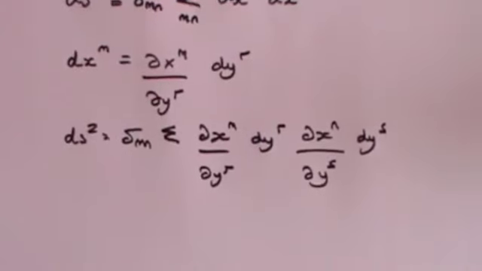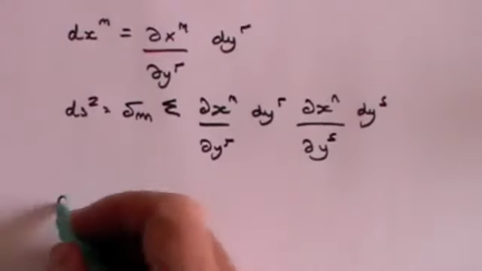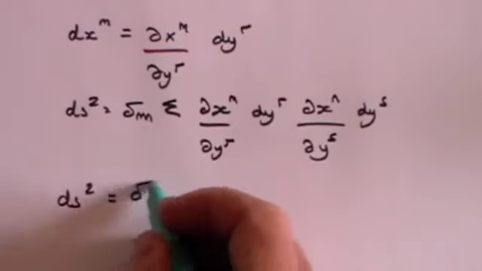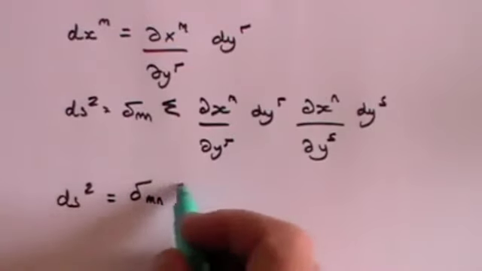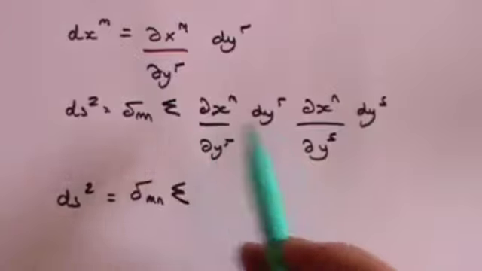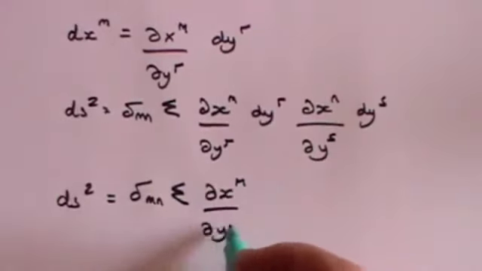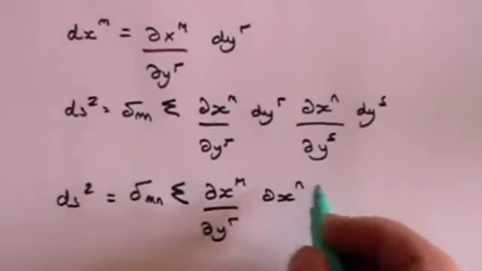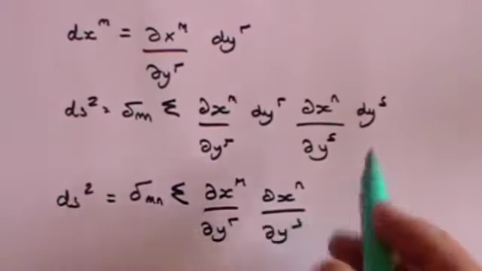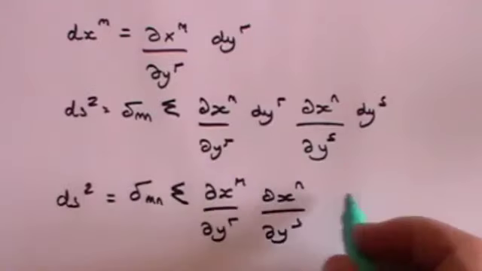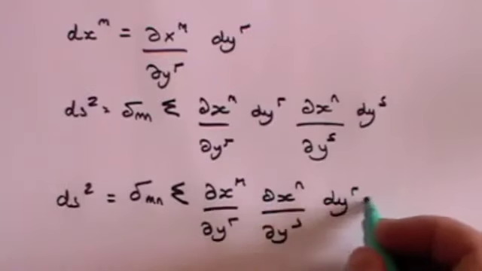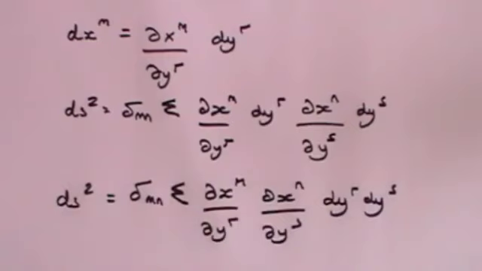And now I can rearrange that so that I can say that ds squared is equal to delta mn. We need a summation term. Let's just bring the two gradients together, dxm by dyr, dxn by dys, and that leaves us these two terms here, dyr, dys.